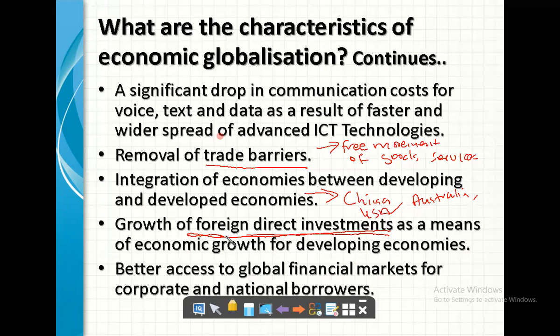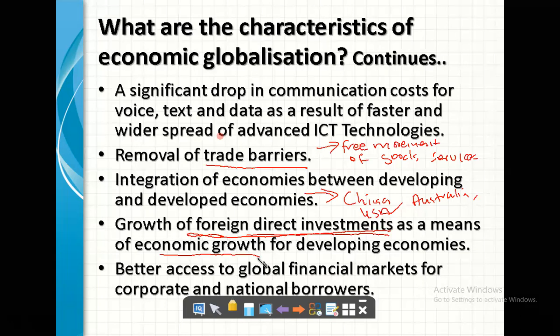So they don't need any approval from anybody. They just need approval to establish from IPA and for the Bank of PNG to give clearance for that investment to come in. So that contributes to economic growth for us.